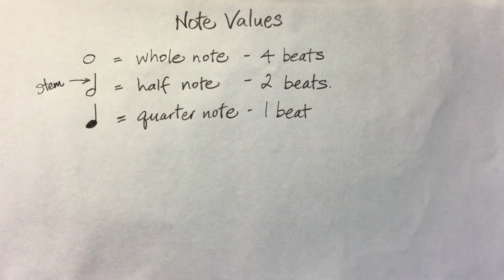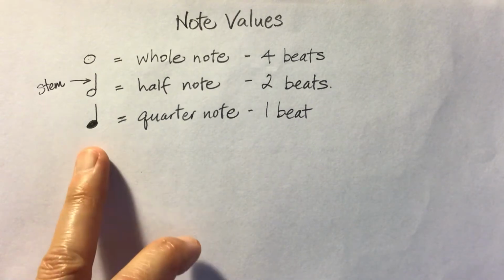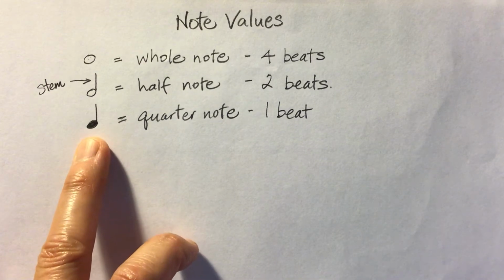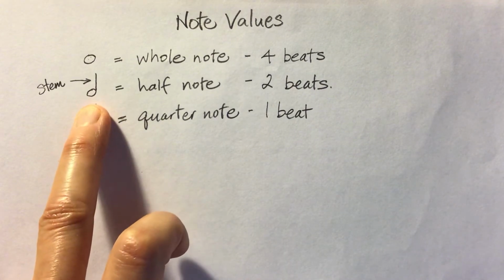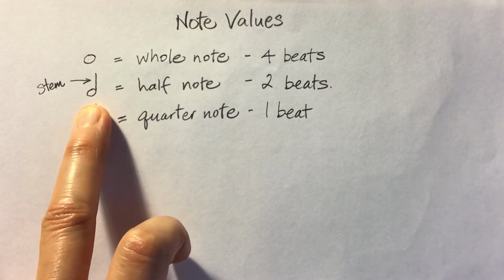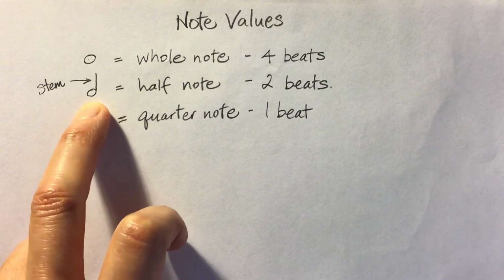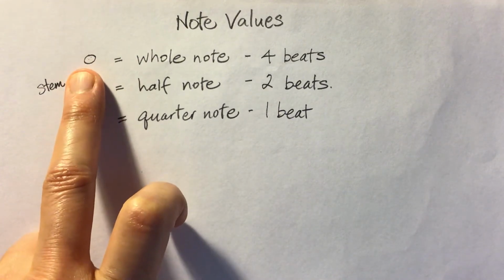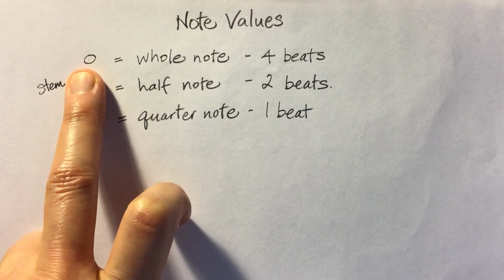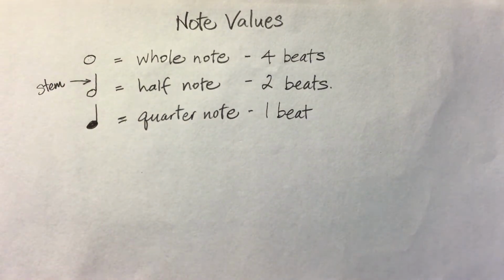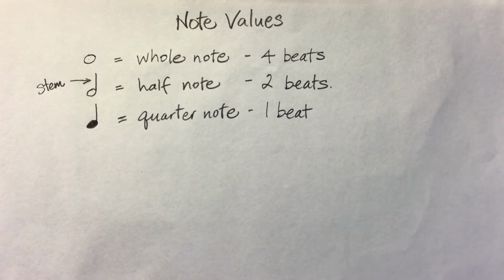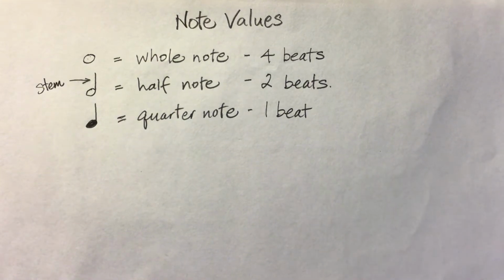So if I do this, it will be ta, ta, ta, ta, ta, ta. Make sense?